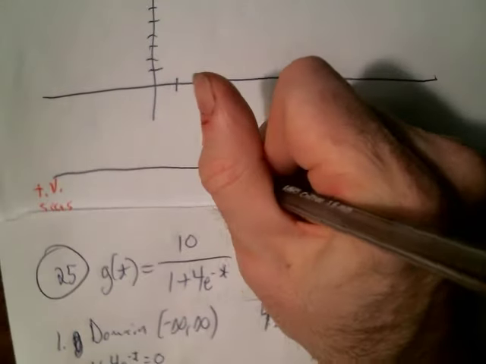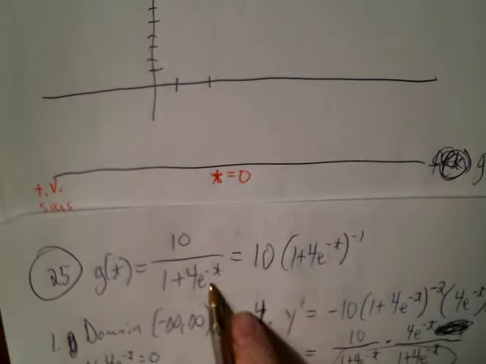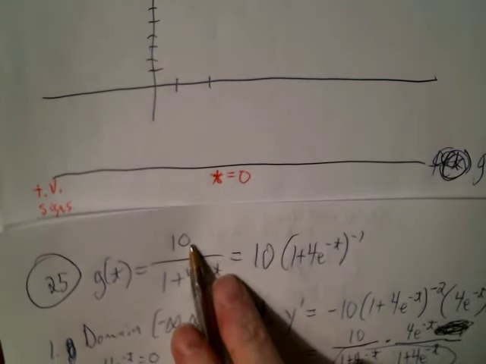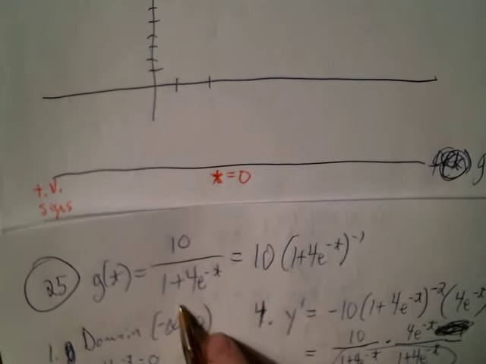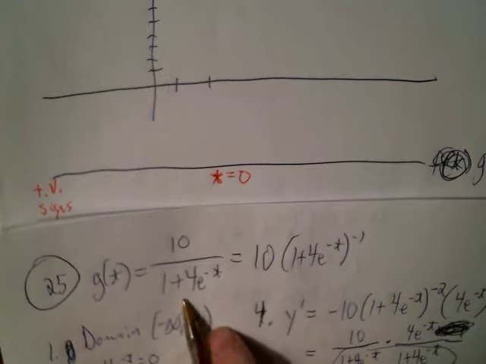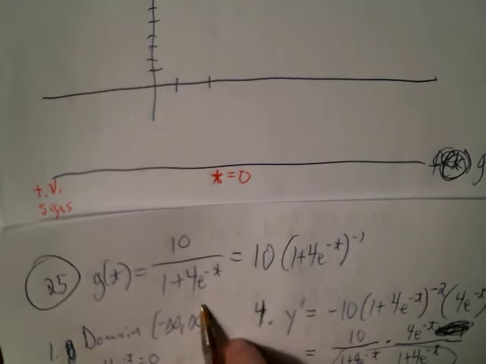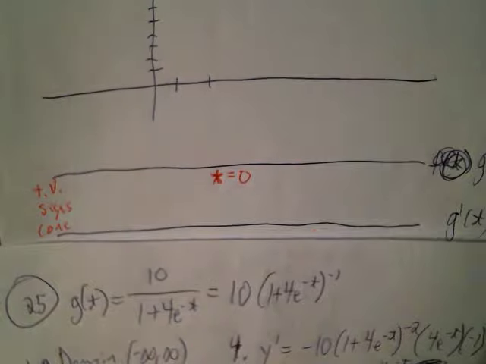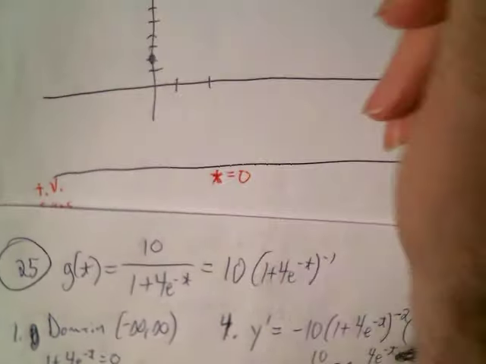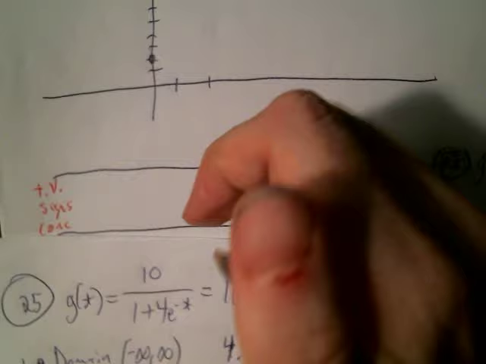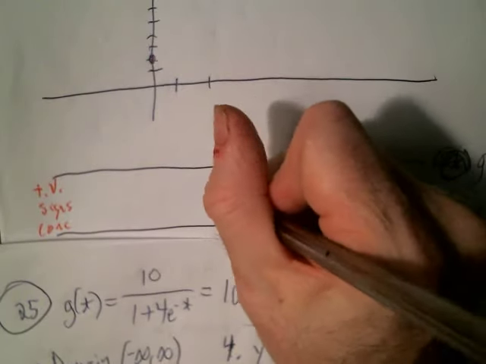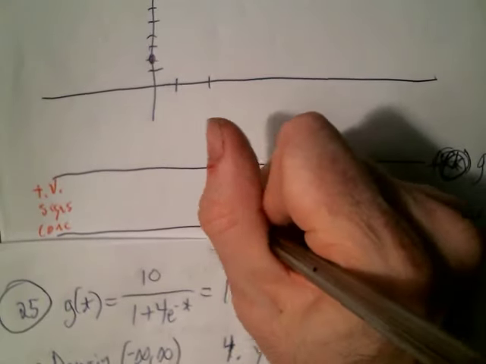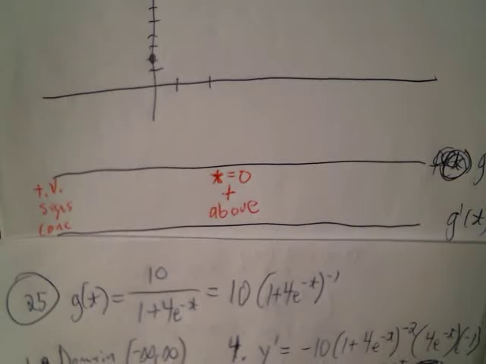Plugging that into our original function, when t is 0, we already kind of know that'll be 10 over 1 plus 4, 10 over 5, which is 2. So that's also our y-intercept. We might as well go ahead and plug that in there. But anyways, it'll be positive. In other words, it's always going to be above the x-axis.